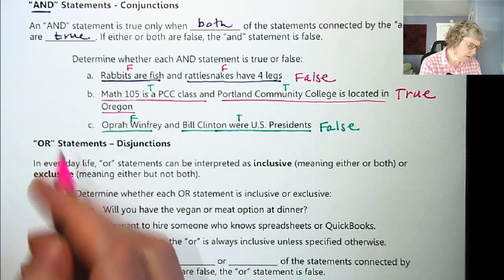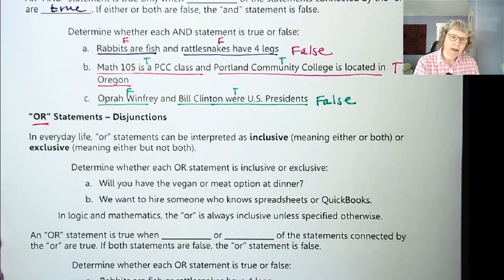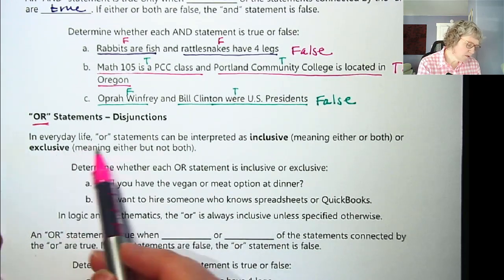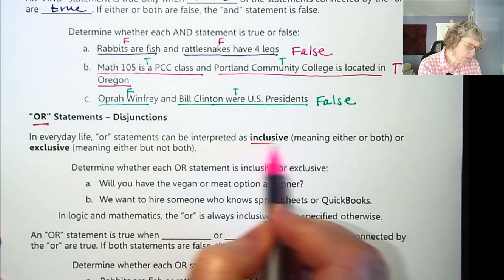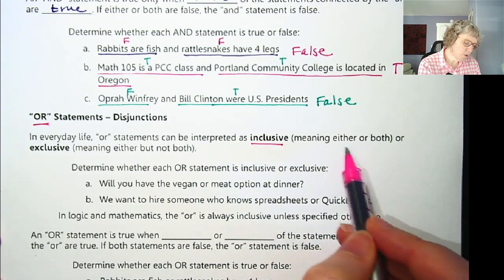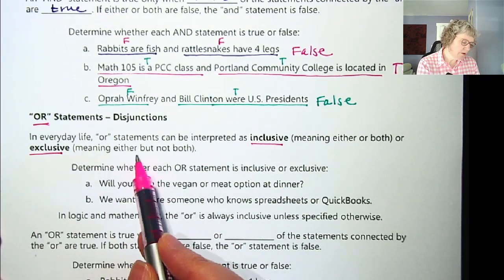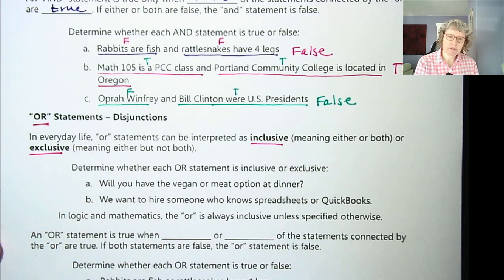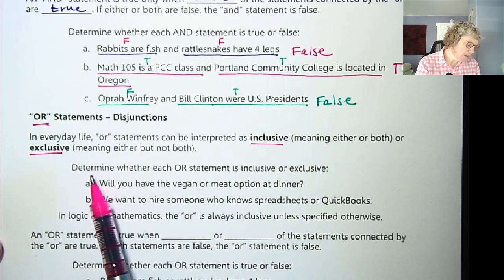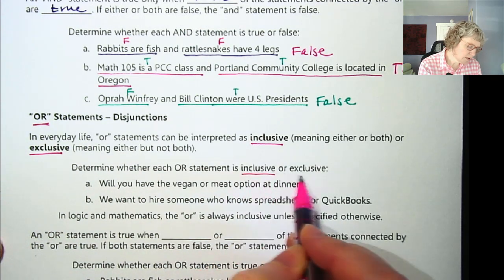That's different from an or statement. An or statement is also called a disjunction. In everyday life, or statements can be interpreted in 2 different ways: as inclusive, meaning either or both, or exclusive, meaning either but not both. Let me show you a couple examples. Determine whether each or statement is inclusive or exclusive.